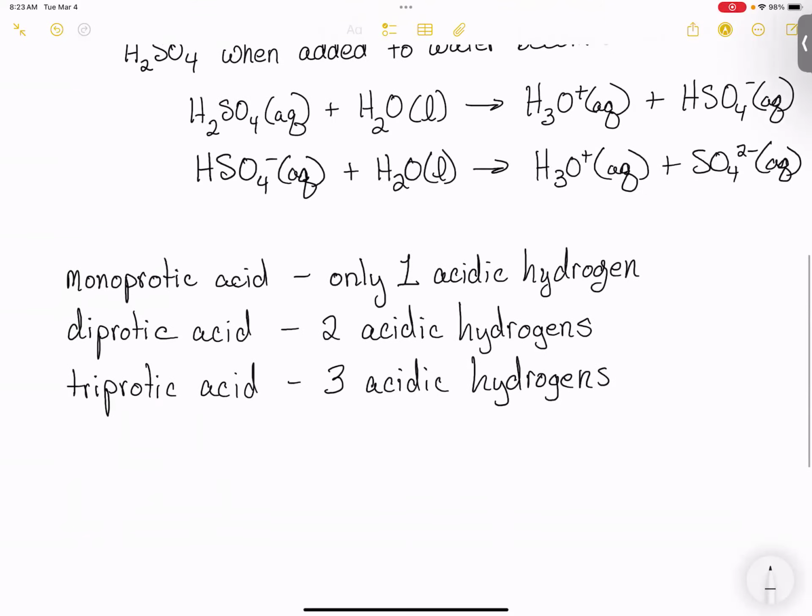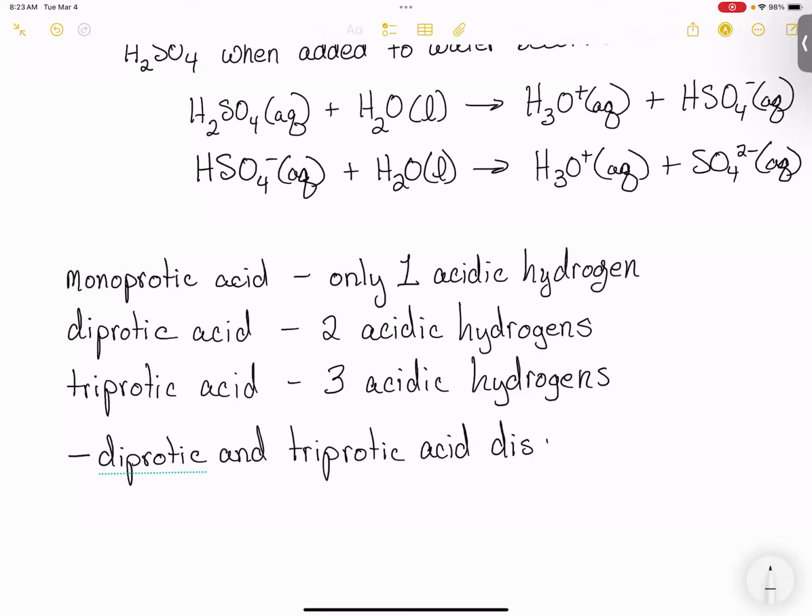Now, as illustrated with sulfuric acid, diprotic and triprotic acids dissociate stepwise, meaning one hydrogen at a time.